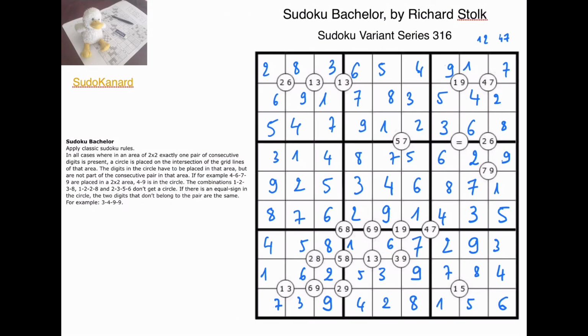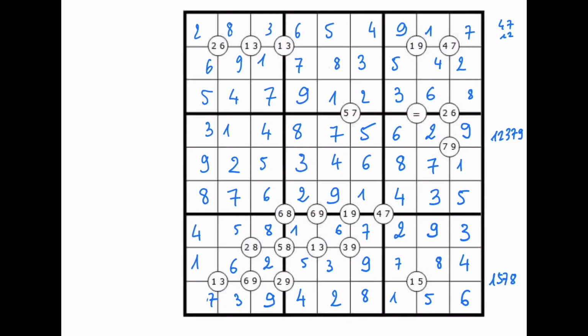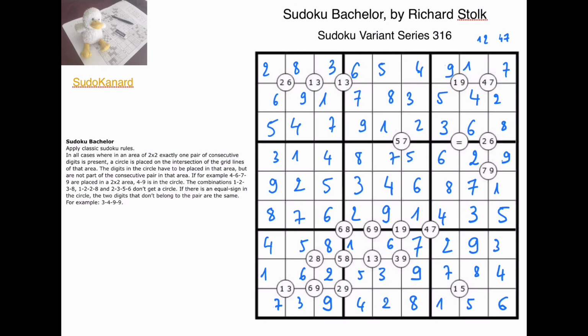Third row 547912368, that's the same as well. So I think I can safely assume this solve is correct.